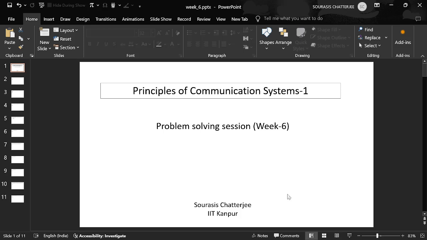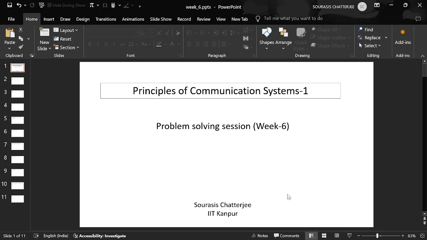We have already seen ordinary amplitude modulation, double sideband suppressed carrier DSBSC, and single sideband SSB modulation with upper sideband and lower sideband both. In the last session we discussed in detail vestigial sideband modulation or VSB.